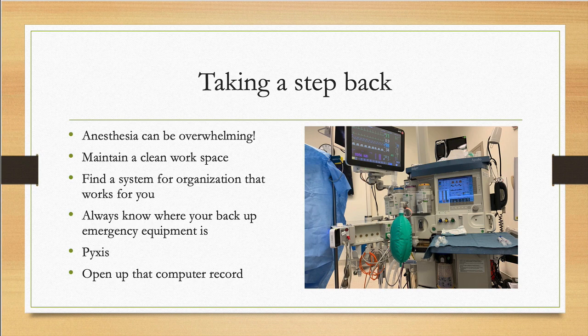I also want to point out that you always need to know where your backup emergency equipment is. It should never be assumed that your anesthesia machine is always going to work 100%, and you should always be ready to move on to emergency equipment in the setting of failure. And this would include things like an ambu bag, knowing how to turn on the auxiliary oxygen canisters in the back of the machine or wherever they may or may not be located.